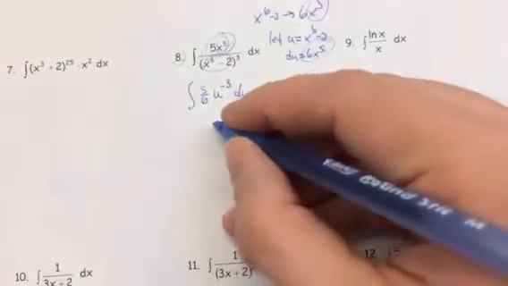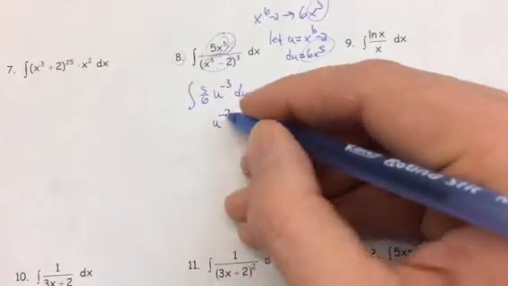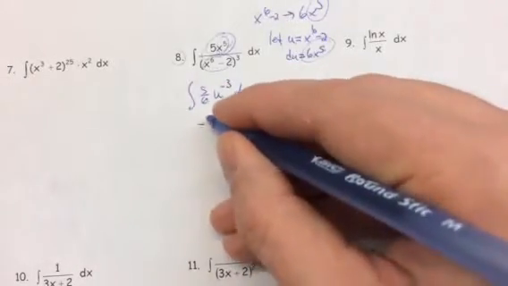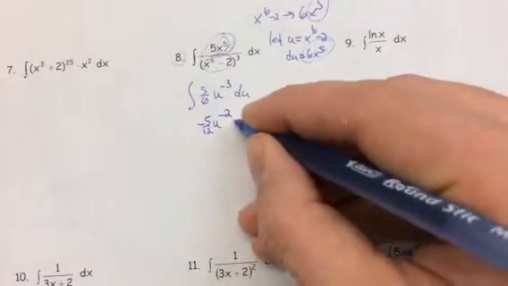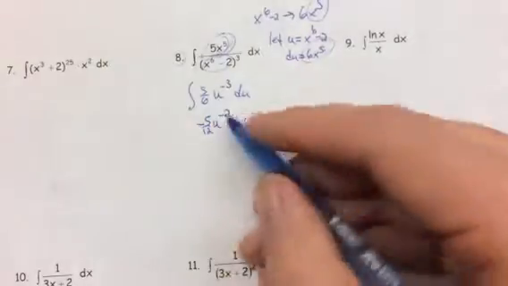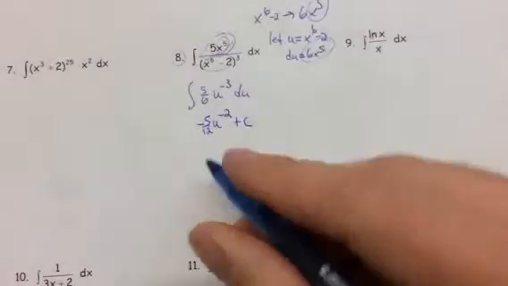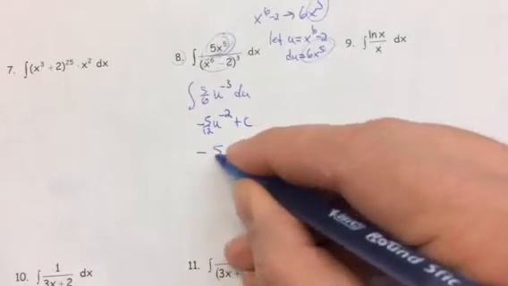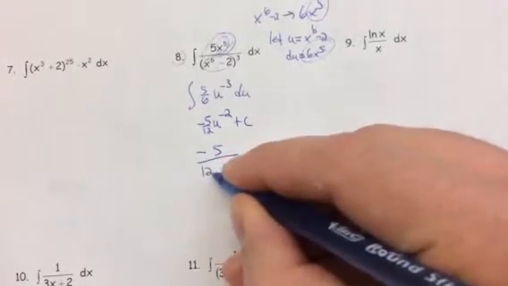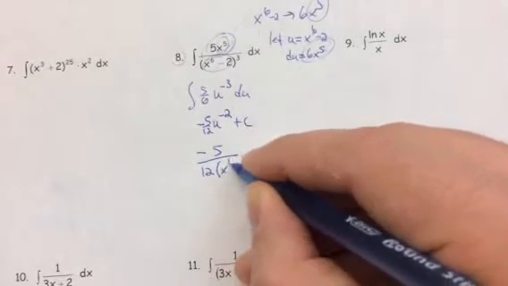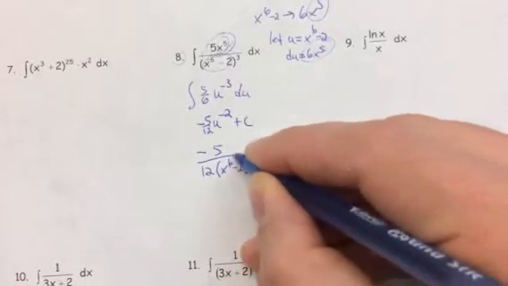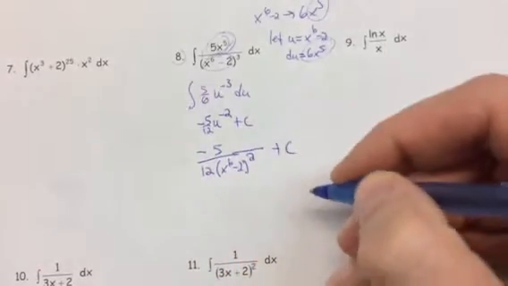So that's all we're doing. This is u to the -2, divide by the power, -5/12 plus c. Substitute back in the u at the end. This is -5/12 times x to the 6th minus 2 squared plus c.